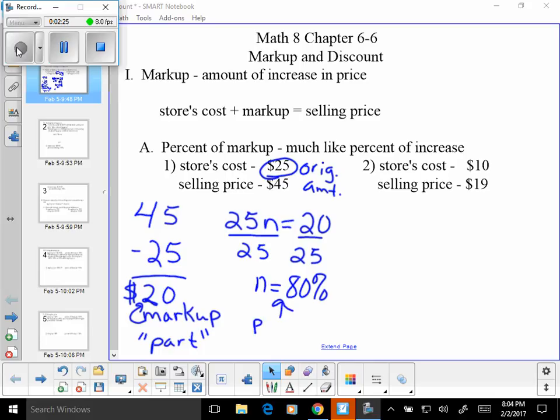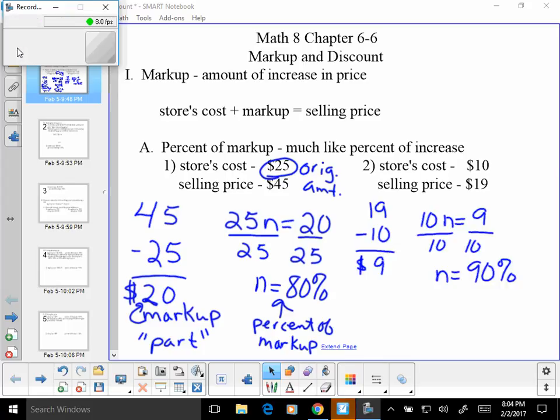This is called the percent of markup. At this point, you will hit pause and do example 2. And example 2's percent of markup is going to be 90%.